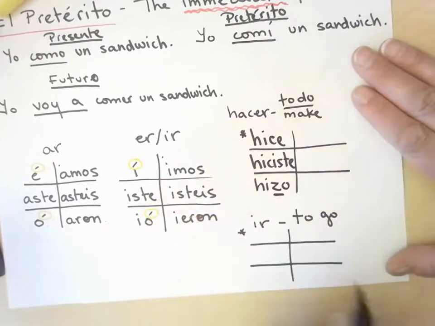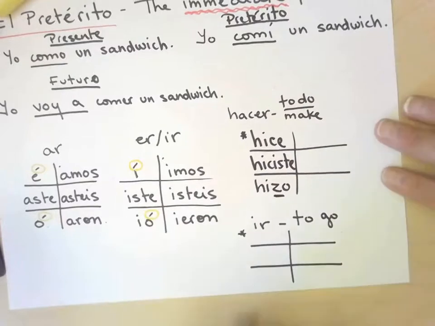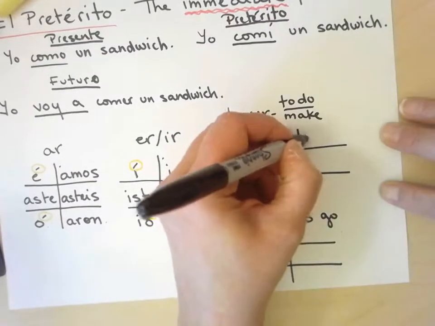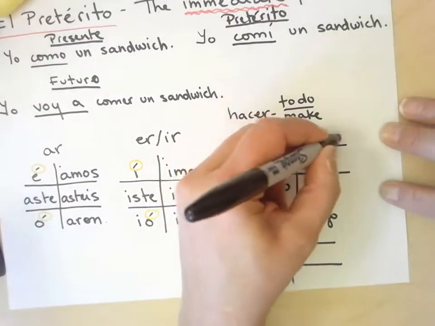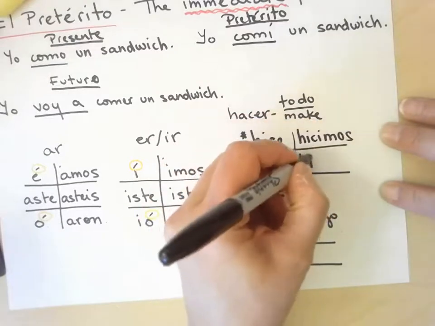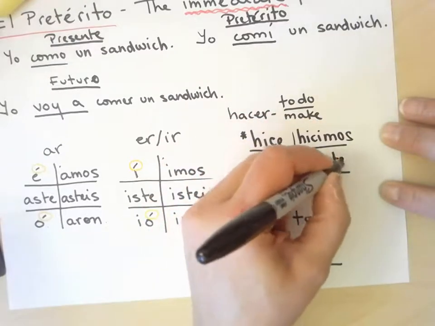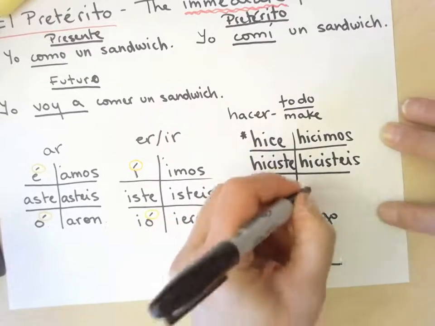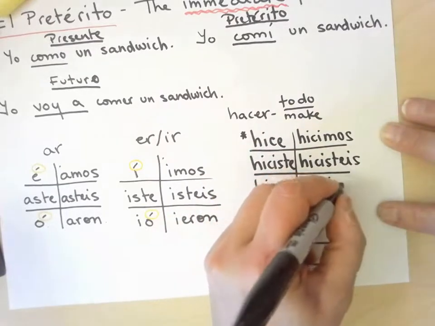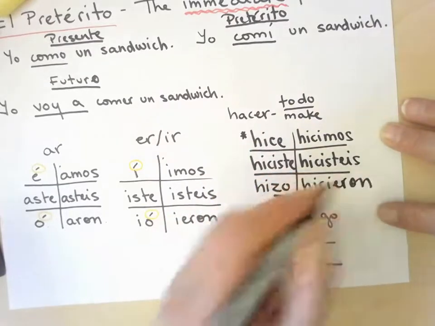Watch that spelling change right there. Okay, hizo. Nosotros hicimos, vosotros hicisteis, ellos, ellas, ustedes hicieron. All right.